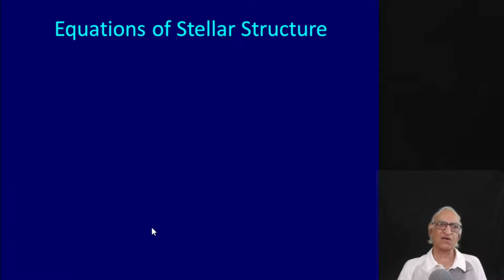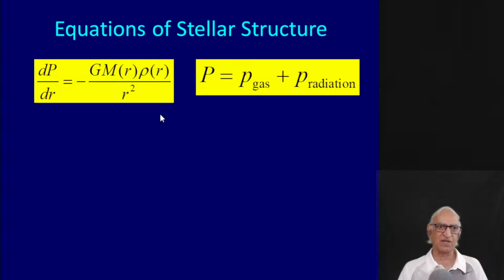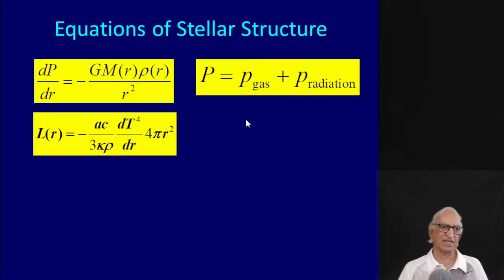So let us gather together the various equations of stellar structure in Eddington's theory. First and foremost is the equation of hydrostatic equilibrium, where the pressure is the sum of gas pressure plus radiation pressure. Second is the equation for radiative equilibrium.